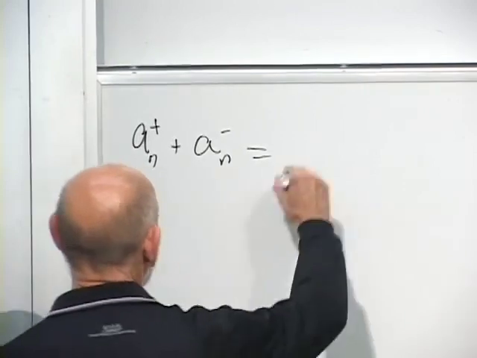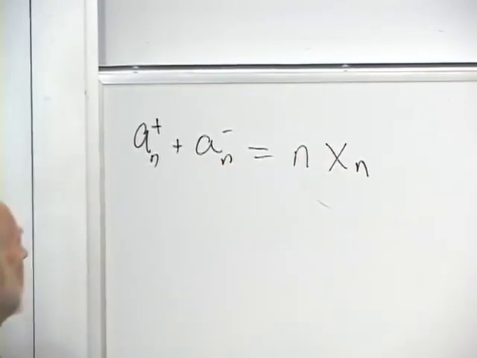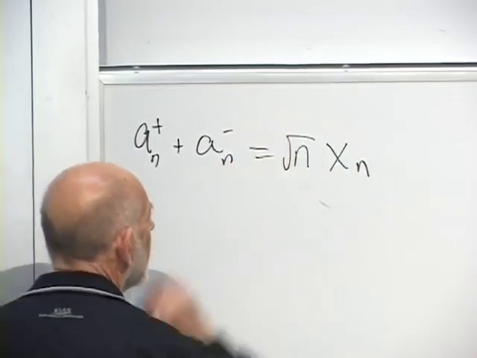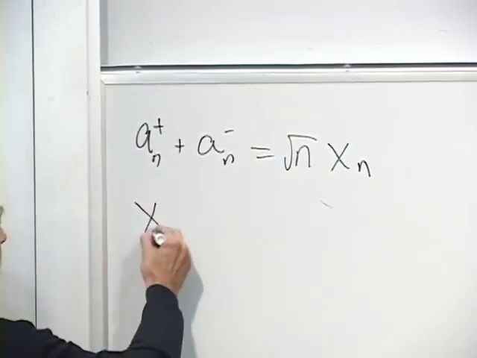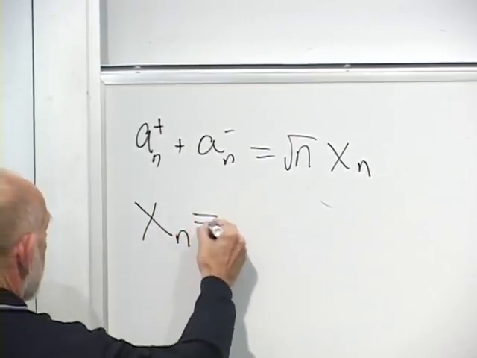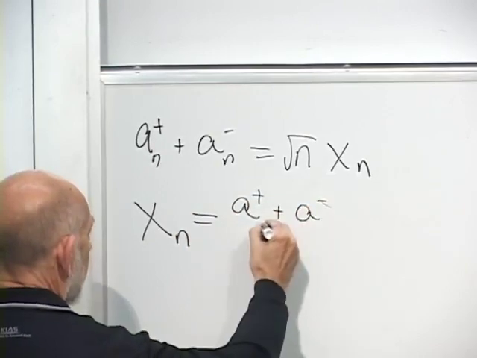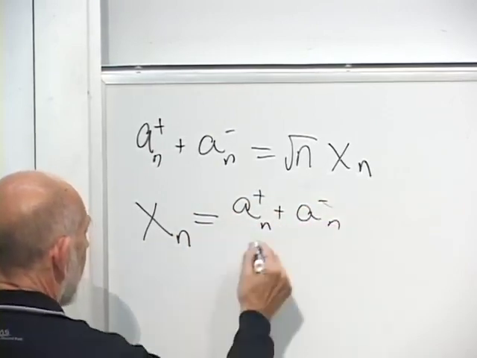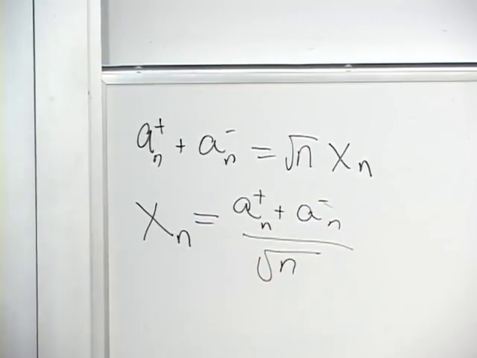So we simply find the nth coordinate is just the sum of creation and annihilation operators divided by square root of n. Real easy. It's just the square root of n that you got to remember.